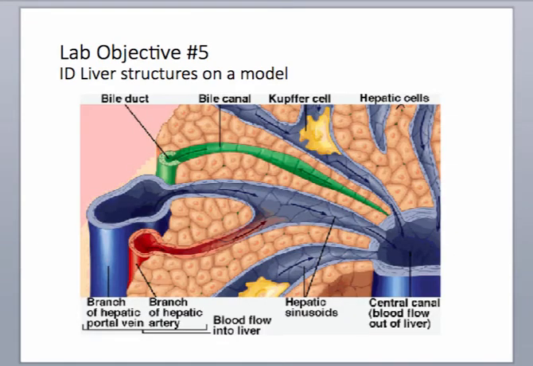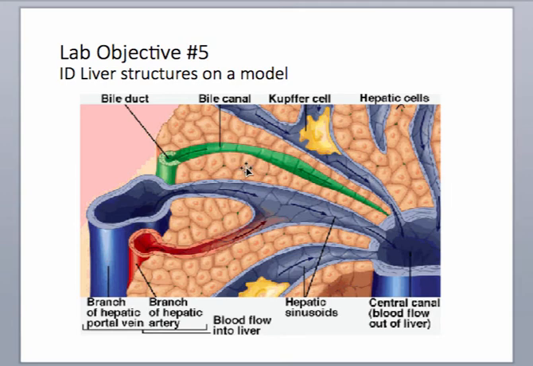If we switch gears again, lab objective 5 is looking back at the liver. And so this is kind of showing part of the hepatic portal circulation. And so I'm going to kind of volley these different things together. But a closer up picture of one of those lobules of the liver. So each one of these cells is a hepatocyte.